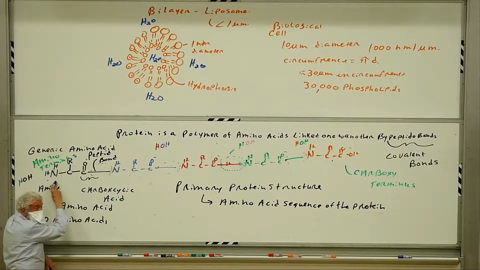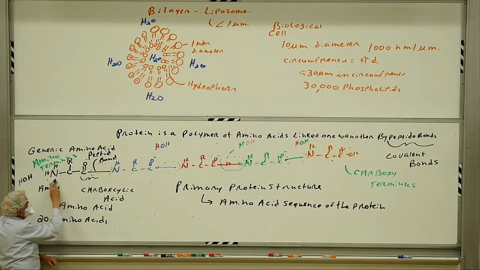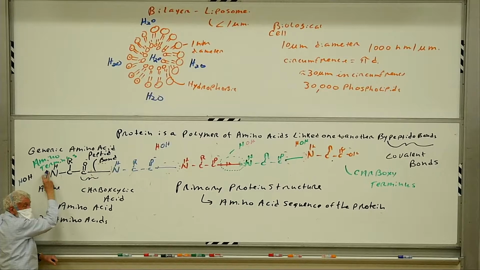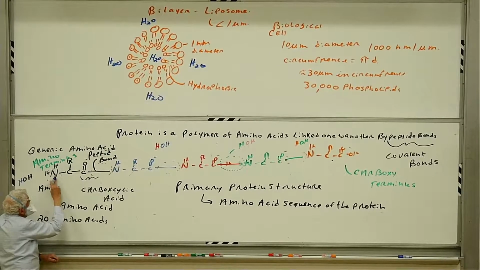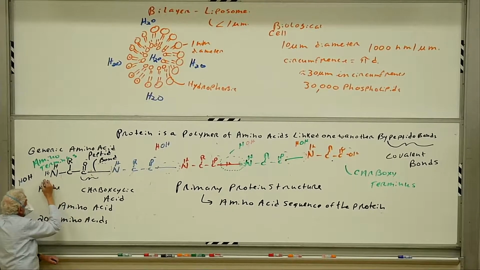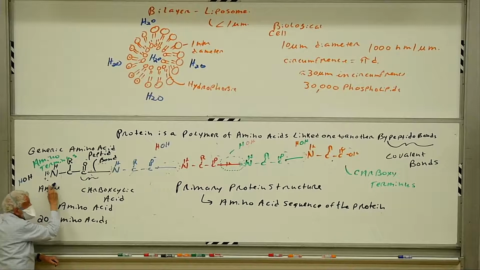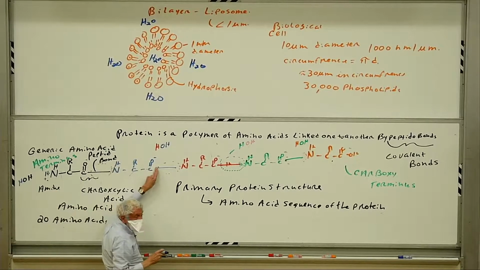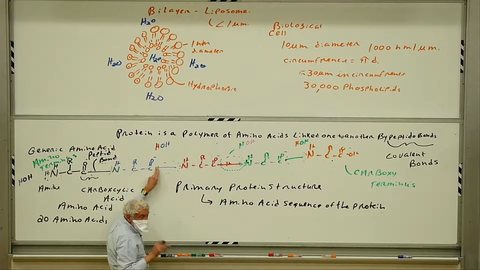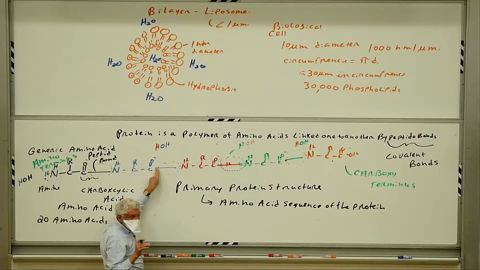And the hydrogens on the amine, because the nitrogen is borrowing the electrons from the hydrogen, will have a positive charge. So the hydrogens on the amines have a positive charge, the oxygens have a negative charge. That's the basis of this hydrogen bonding.